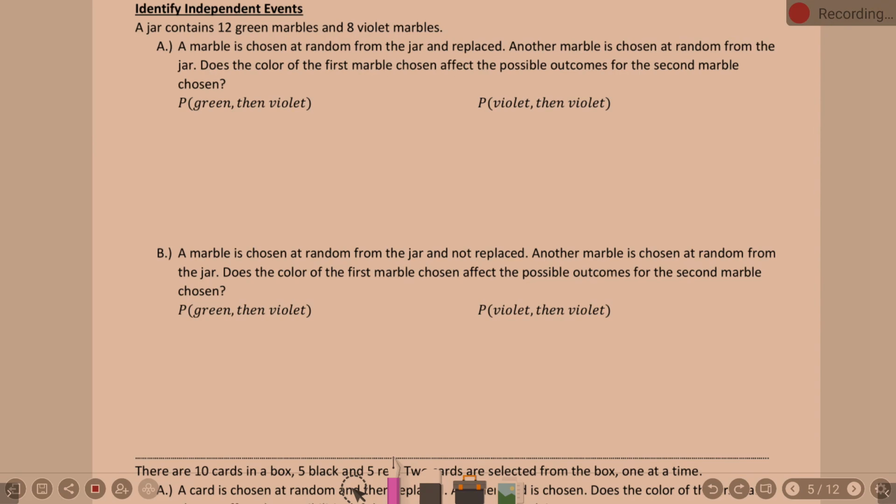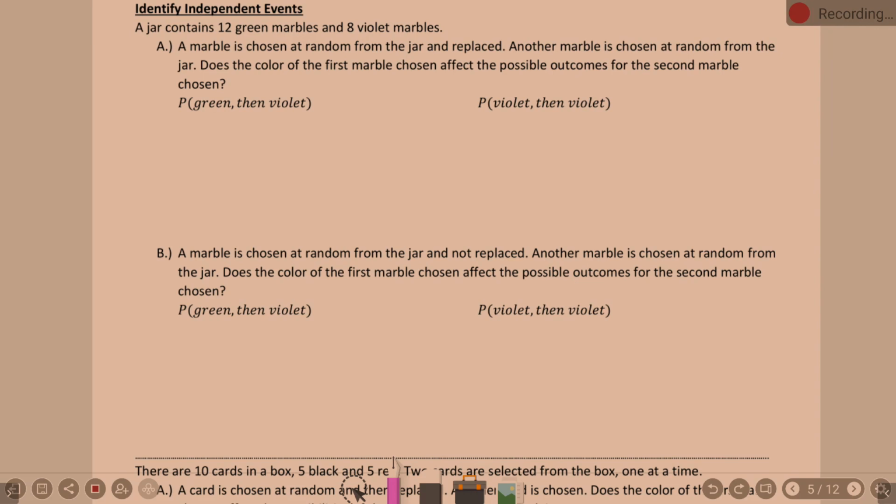A jar contains 12 green marbles and 8 violet marbles. A marble is chosen at random from the jar and replaced. Another marble is chosen at random from the jar. Does the color of the first marble chosen affect the possible outcomes for the second marble chosen? No. You say no. Why not? Because it gets replaced.